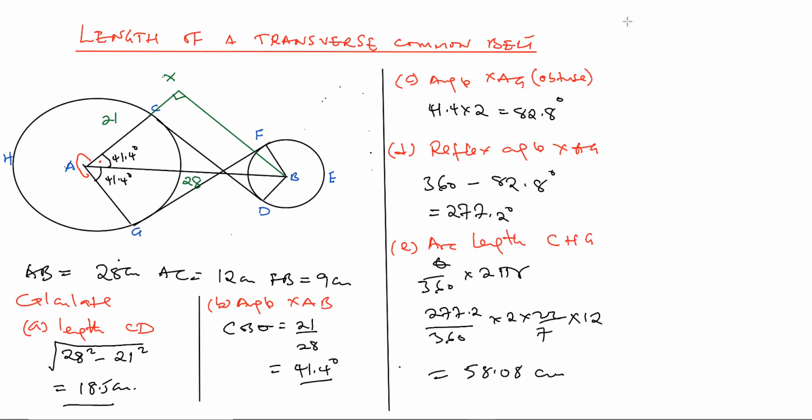Any question before we proceed? Absolutely. Obtuse angles are angles more than 90 but less than 180. Yes, but that 82 is less than 90. Sorry, you are right. In this case, it was not really obtuse. It was acute. You are very correct.